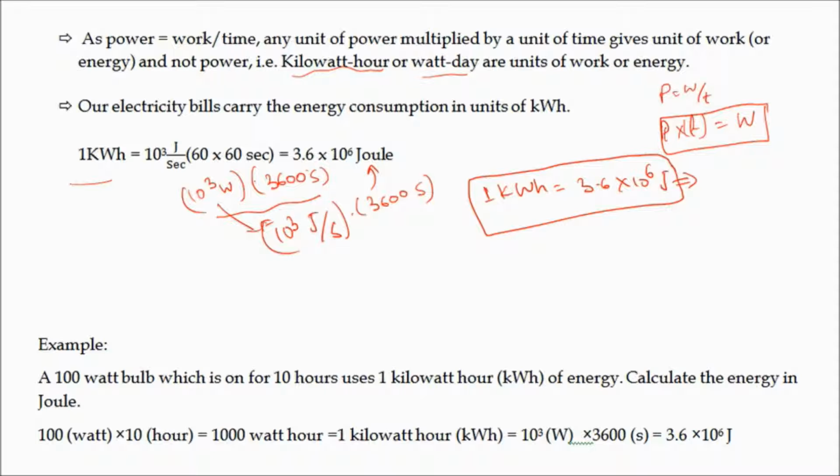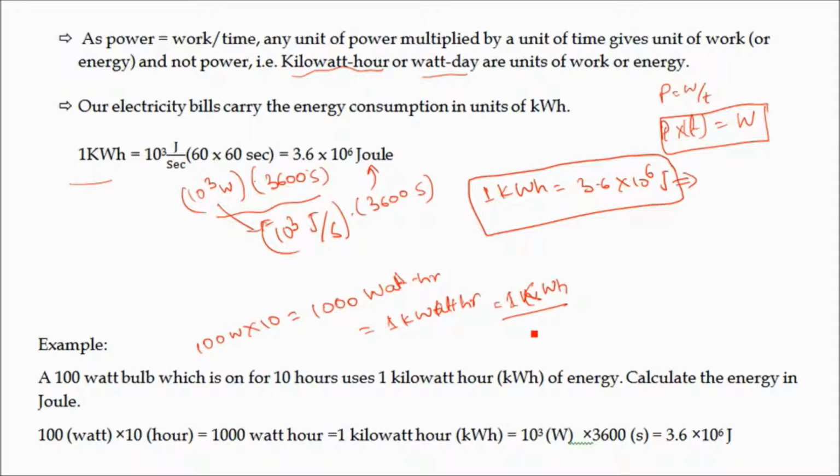So as it's 100 watt which is on for 10 hours, if you multiply 100 watt into 10 hours, it comes to 1000 watt hour, or we may write it as 1 kilowatt hour, written as 1 kWh.